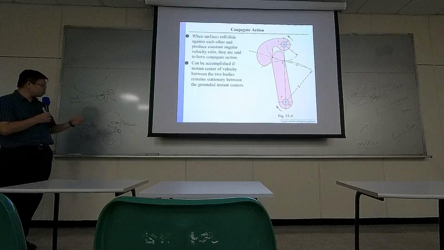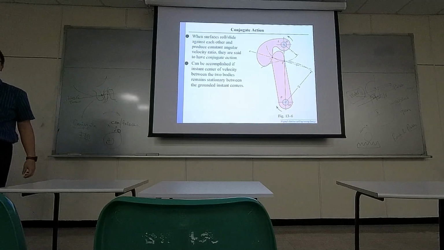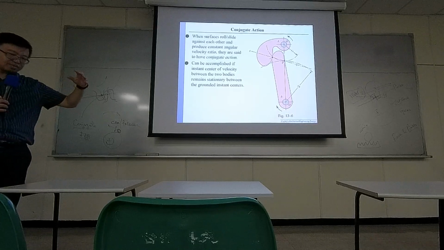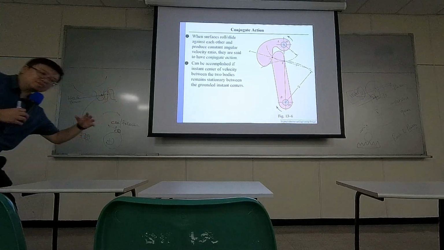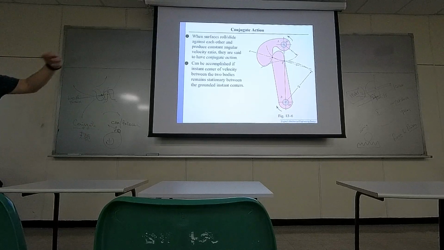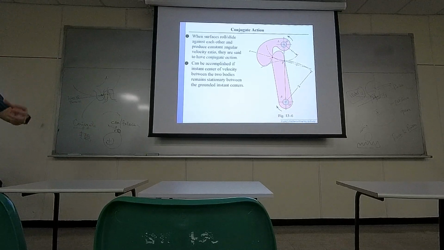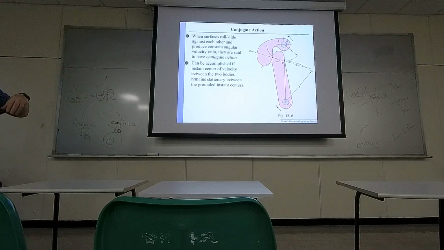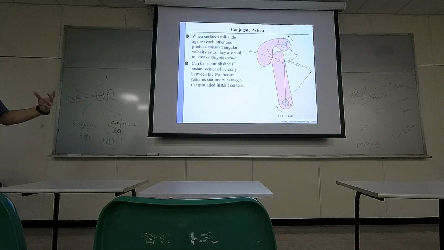So where do you see cam and follower? In the engine, when you have the piston moving up and down, compressing the gasoline inside the chamber of the engine, driven by the crankshaft.